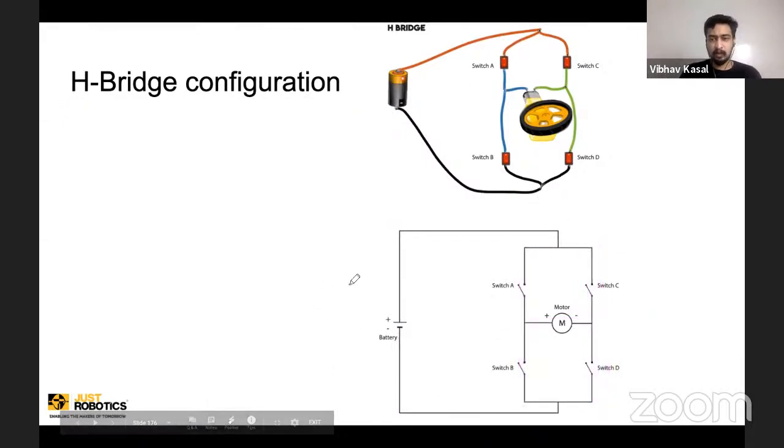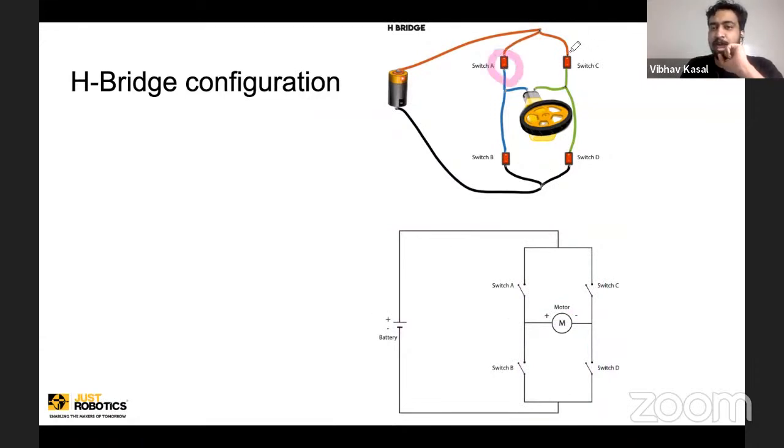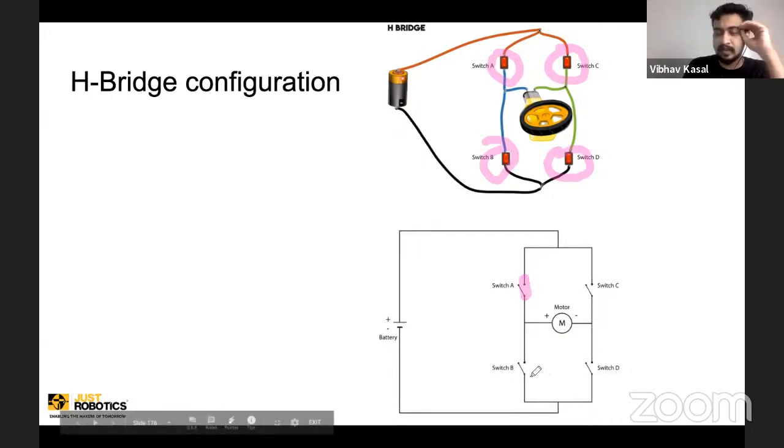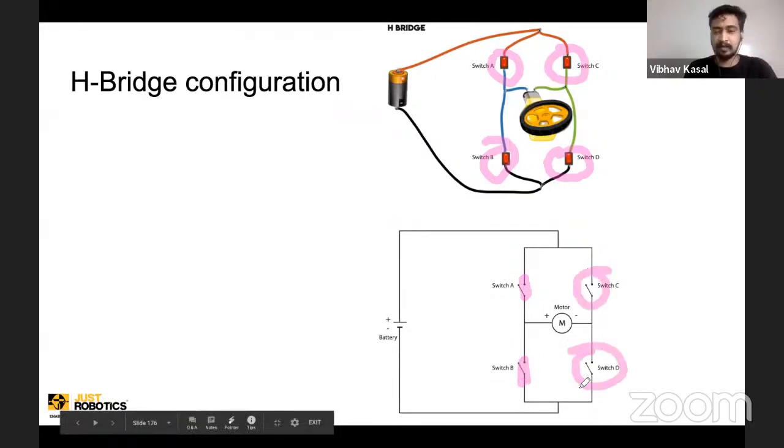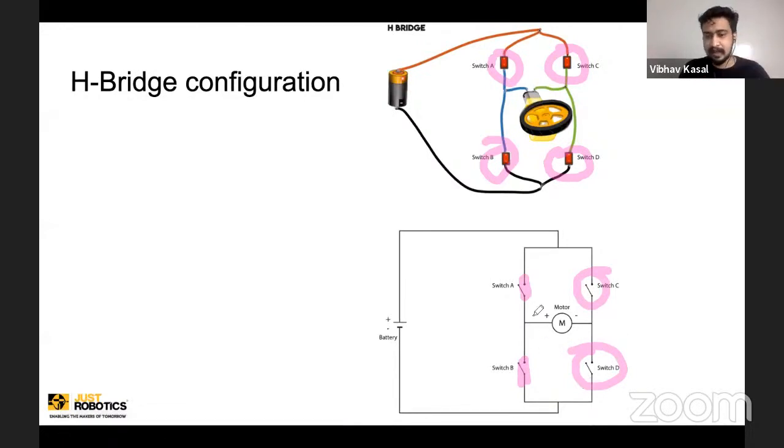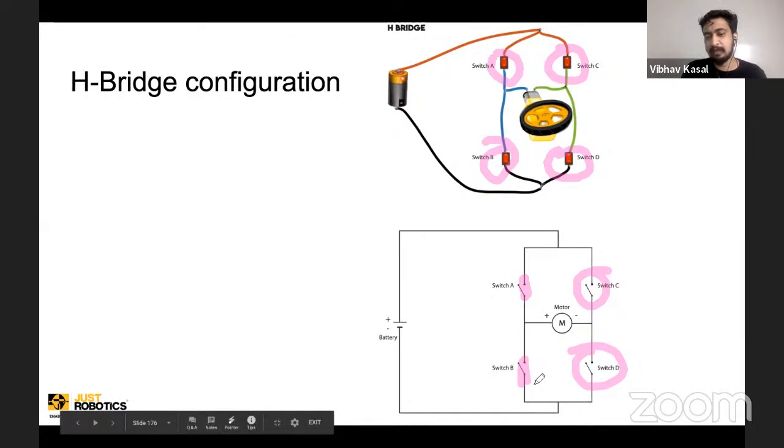The problem with this setup is there are four switches, switch A, B, C, and D, which you have to control. The one problem that will happen is, suppose you turn this on and there is one instance where this is also on, but these two are off. Suppose such an instance happens wherein you are controlling four switches and switch A and B are on.